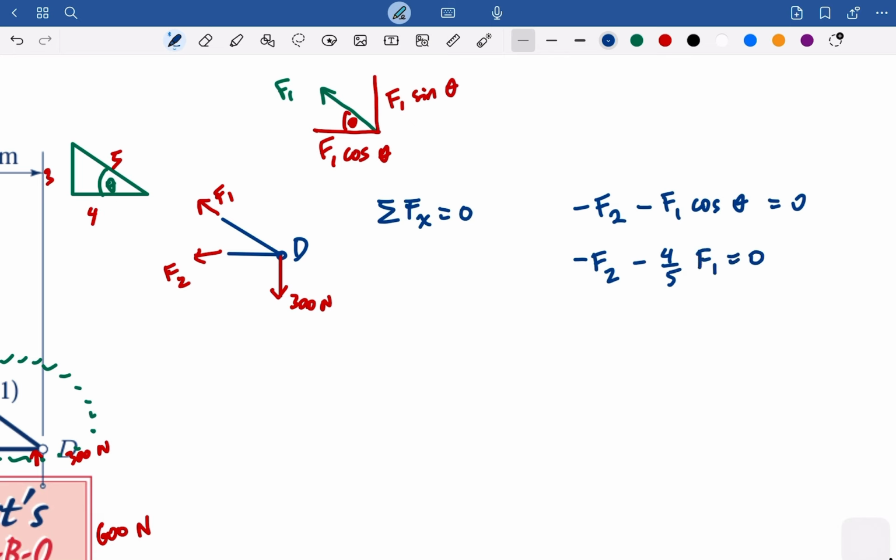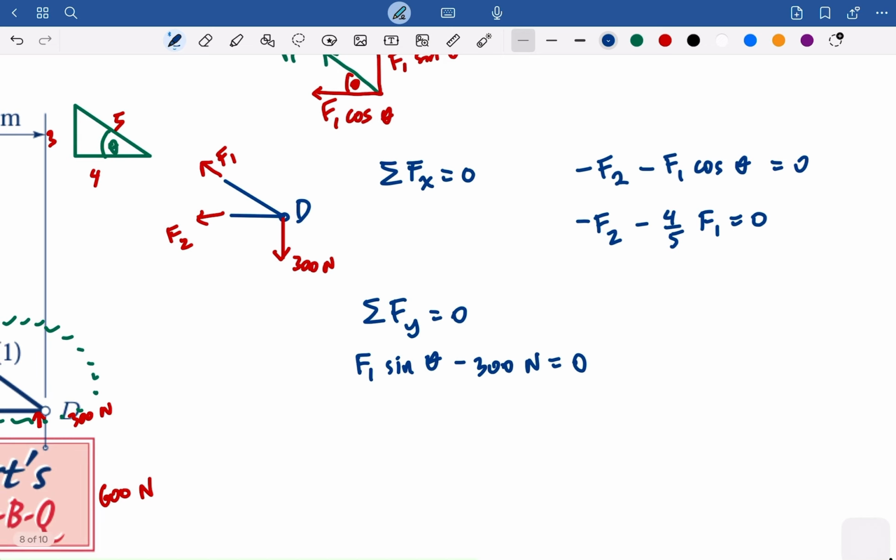I think we can't do anything more here, so we put that aside and go to another observation, which is the vertical. So the vertical, we get F1 sine and then minus 300.